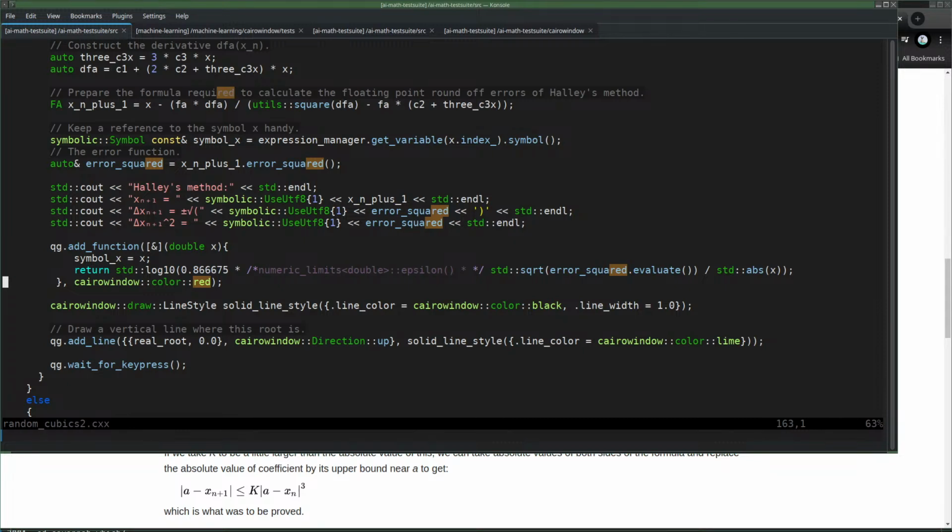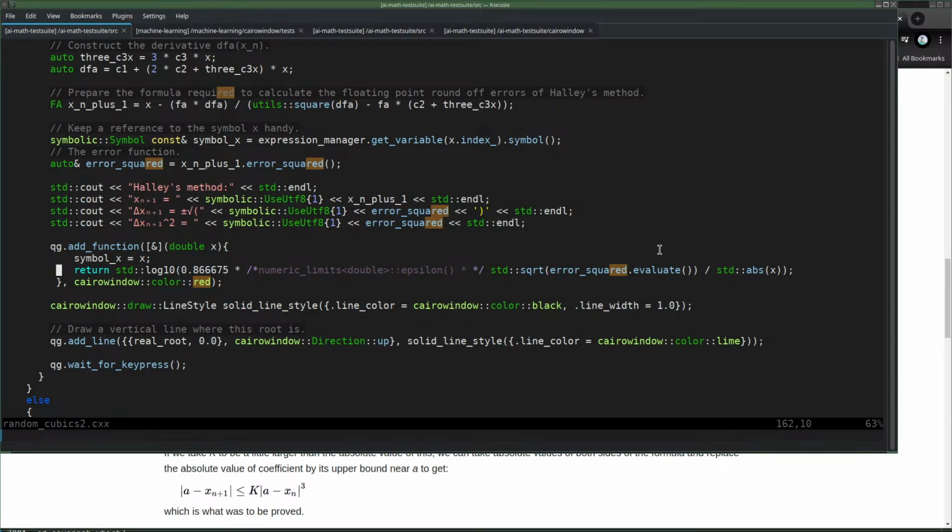I think this is the red function here. Currently I'm dividing by the absolute value of x, but I should divide by the absolute value of the result that we get after applying Halley.